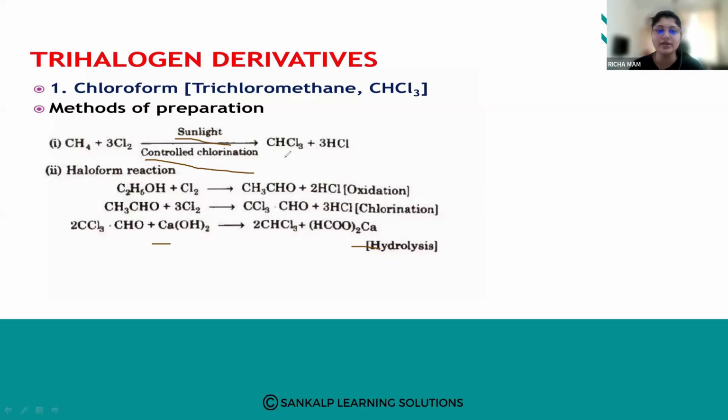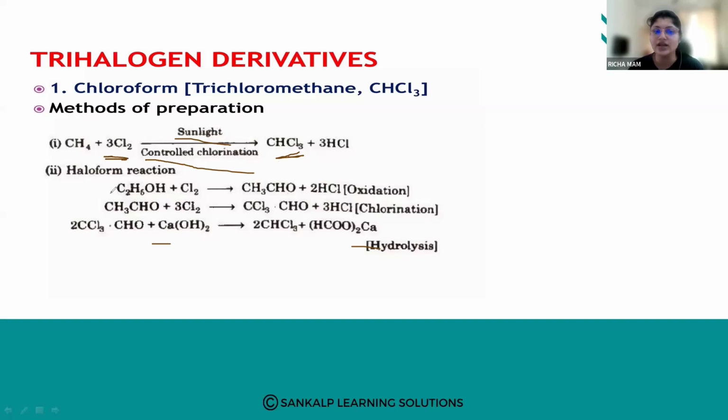Because we want to replace only three hydrogen atoms by Cl, so we are supplying only three molecules of Cl2. Supplying light, doing free radical halogenation, what we obtain is chloroform plus 3HCl.